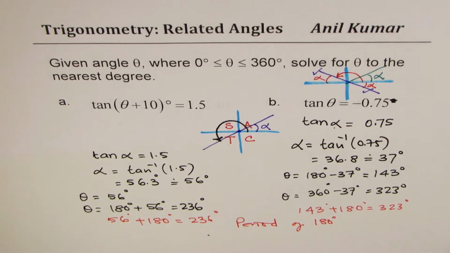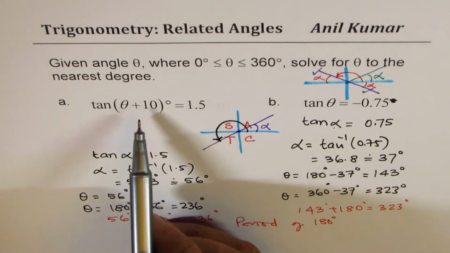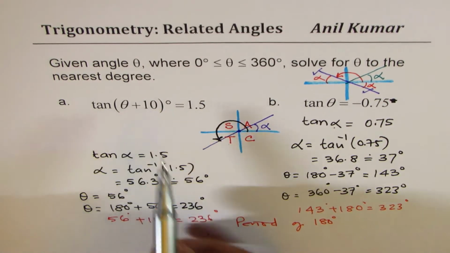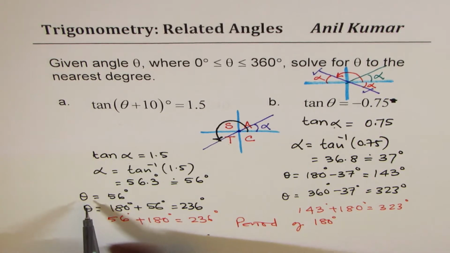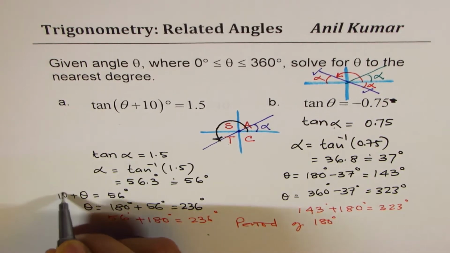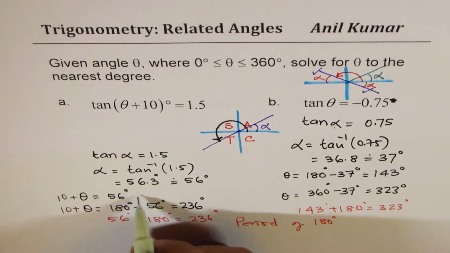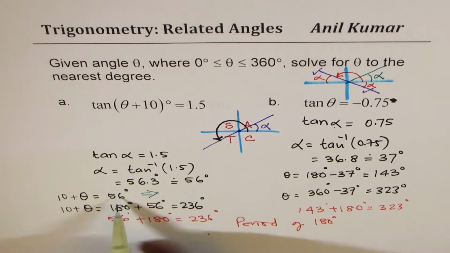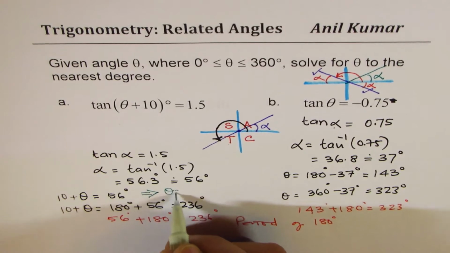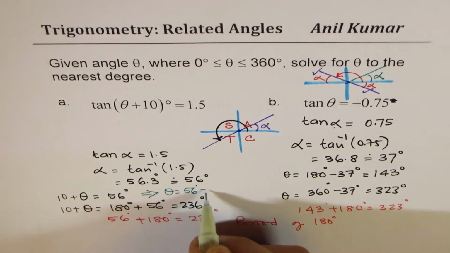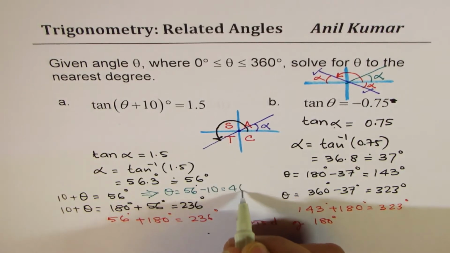Well, I made a mistake here. It was theta plus 10. So this answer is not theta, it is theta plus 10. Let me rewrite here. And therefore, what is theta equal to? Let me correct it. I just saw it in the last minute. Sorry for this. So that implies that theta should be equal to 56 degrees minus 10, or 46 degrees.